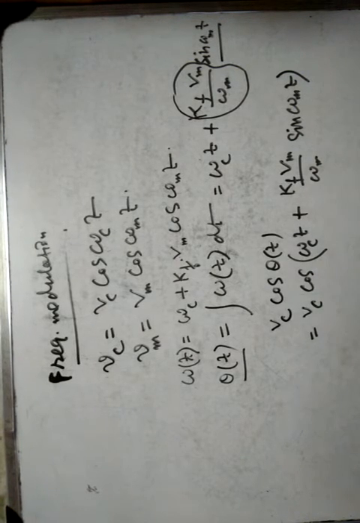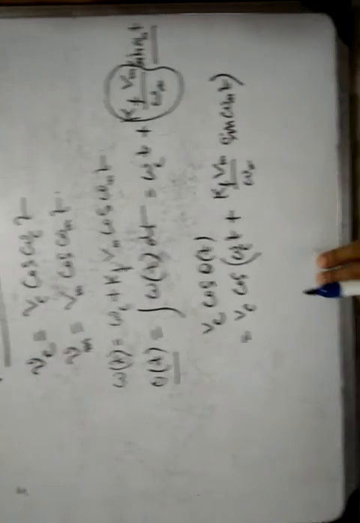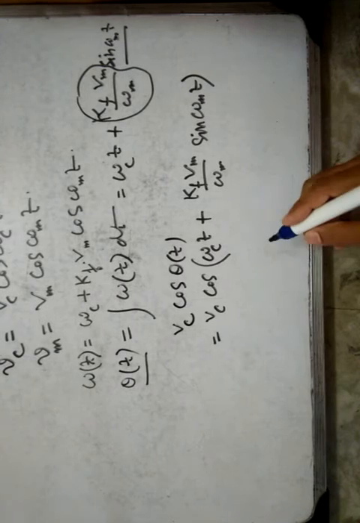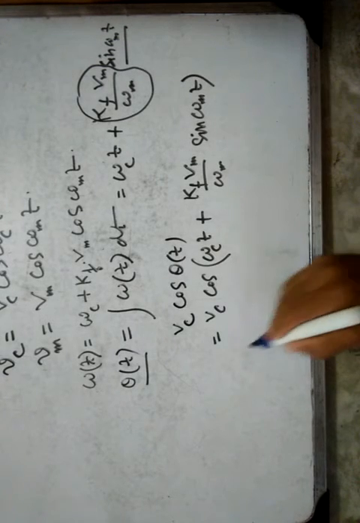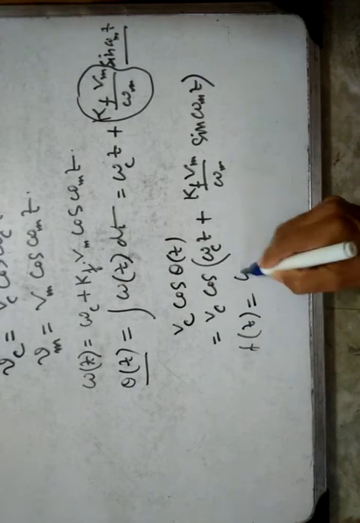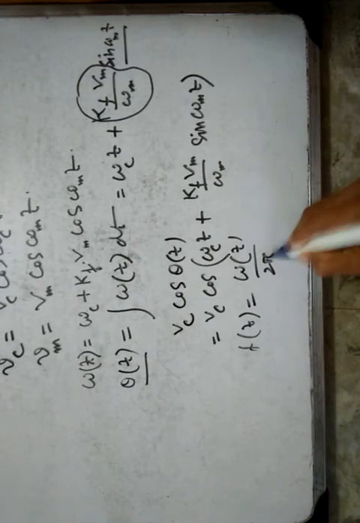The instantaneous frequency f of t of the frequency modulated carrier is simply given by omega of t by 2 pi.